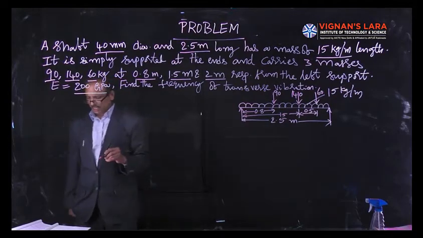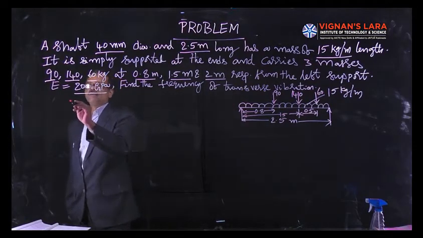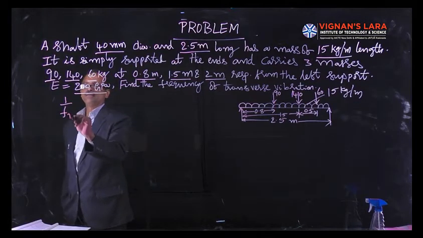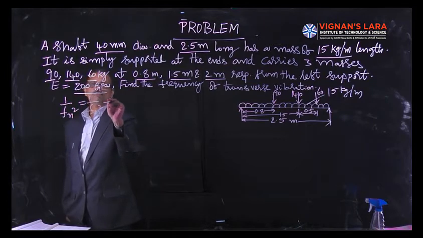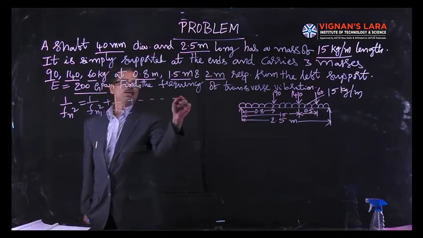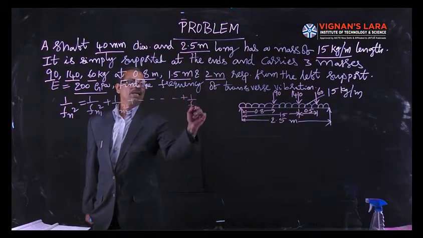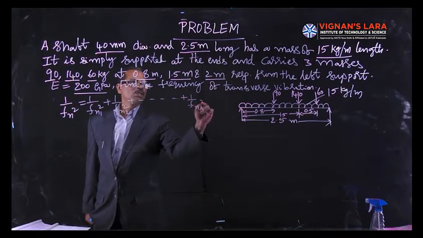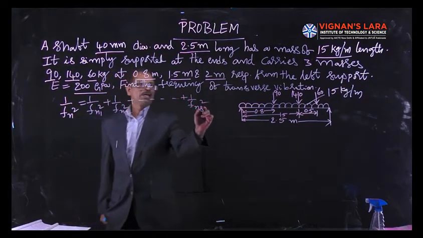So in Dunkerley's method, we said 1 by Fn square is equal to 1 by Fn1 square plus 1 by Fn2 square plus so on plus 1 by Fns square.